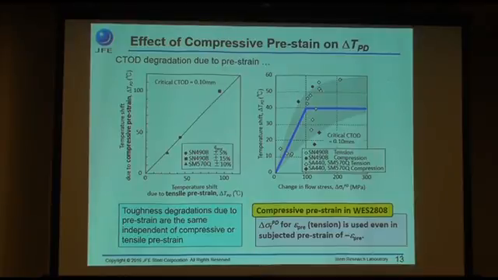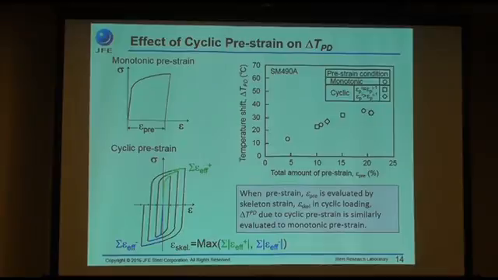That's why WES 2808 proposed that the flow stress change for tensile prestrain is used even in the case of compressive prestrain. And this is the final examination of the test results. This figure shows the transition temperature rise on the vertical axis and the total amount of prestrain level on the horizontal axis.